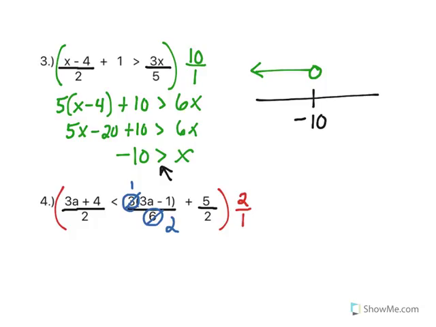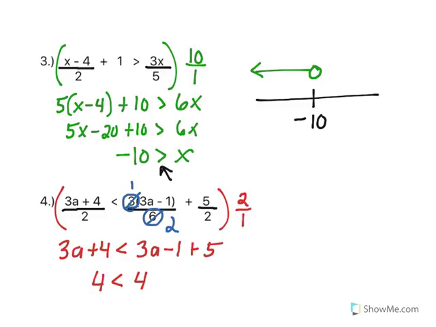So that's just going to get rid of all the denominators, and I'll be left with 3a plus 4 is less than 3a minus 1 plus 5. Okay, so if I subtract the 3a's, I'm going to get 4 is less than negative 1 plus 5 is 4. Well, is this a true statement?